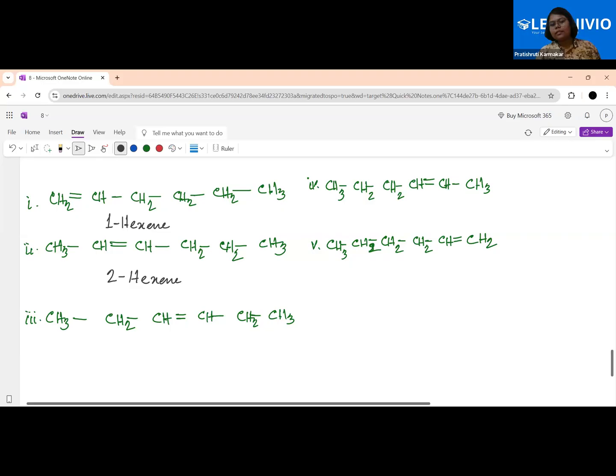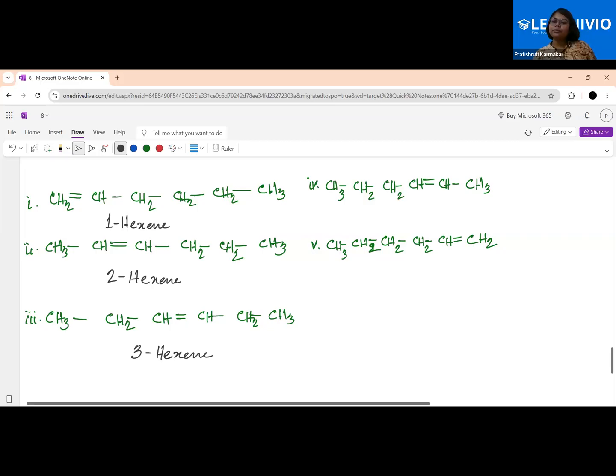Third one. Oh no, it's 3-hexene. I wrote it wrong actually.